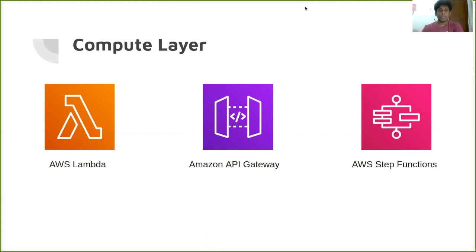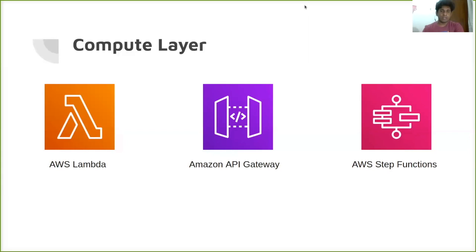And there are a lot of ways we can leverage AWS Step Functions as a state machine. So we can combine a number of Lambda functions in different states in our application. So that's about the compute layer.